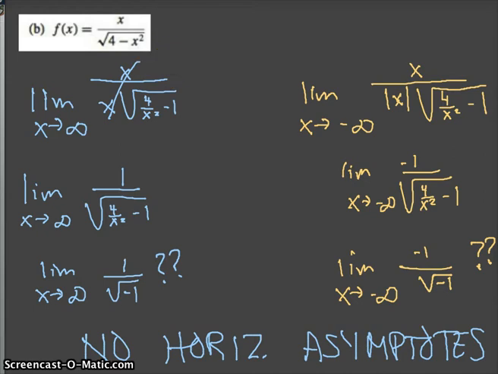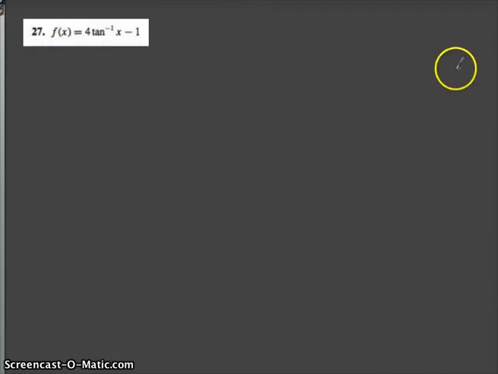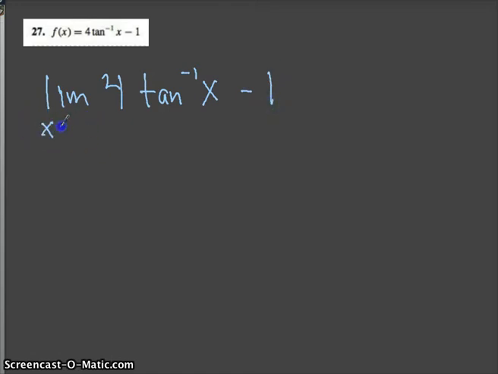Okay, one last example. We're going to look at the limit of 4 times the inverse tan of x minus 1, as we approach infinity. All right, no problem.